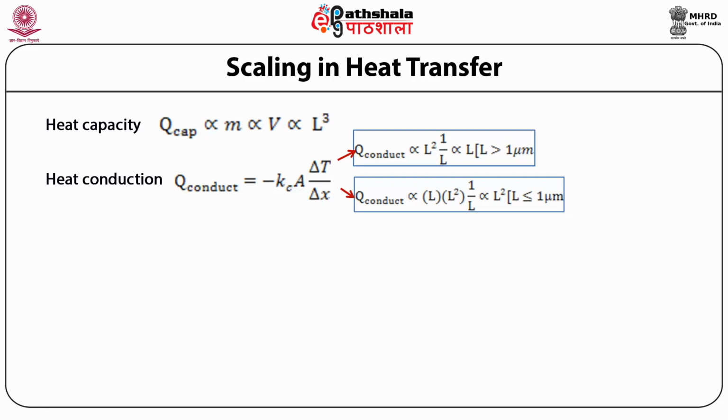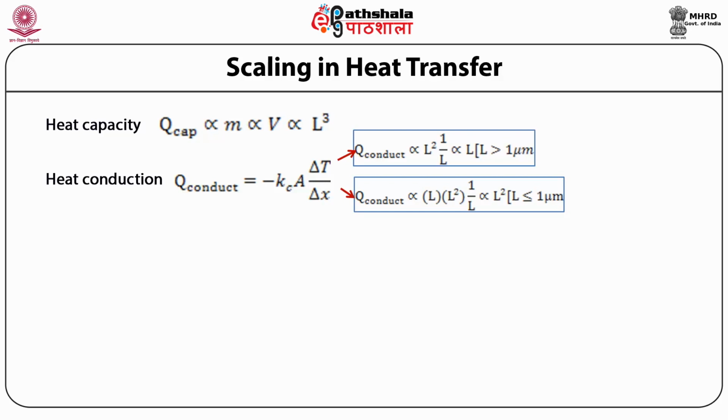One is the sub-micrometer scale, which includes systems with L less than or equal to 1 micron. The other being systems larger than that, with L greater than 1 micron.